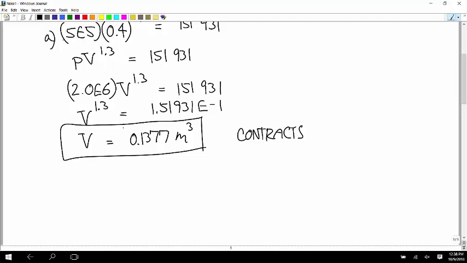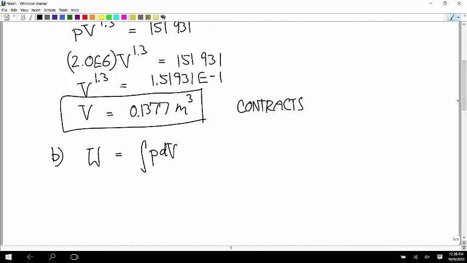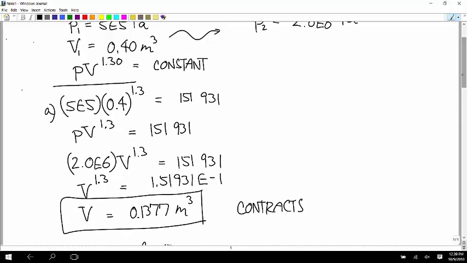And then second, we want to calculate the work for the gas. And the work is equal to the integral of P dV. And the problem people had most often was that they integrated this whole thing, so people integrated this times this dV.